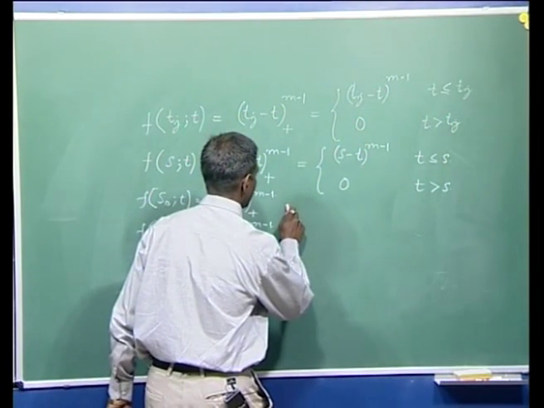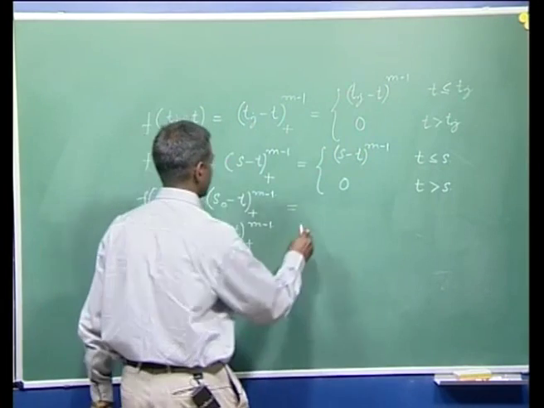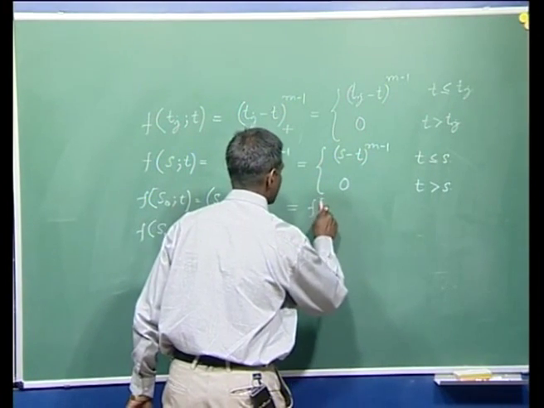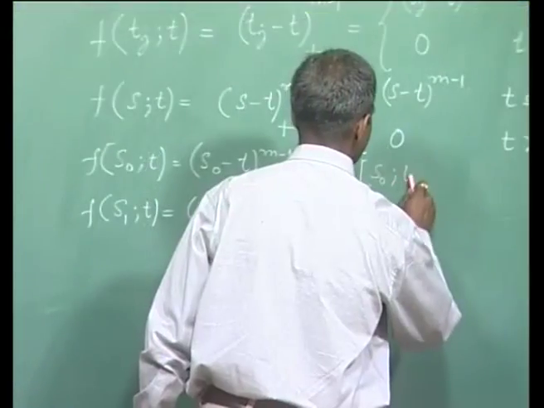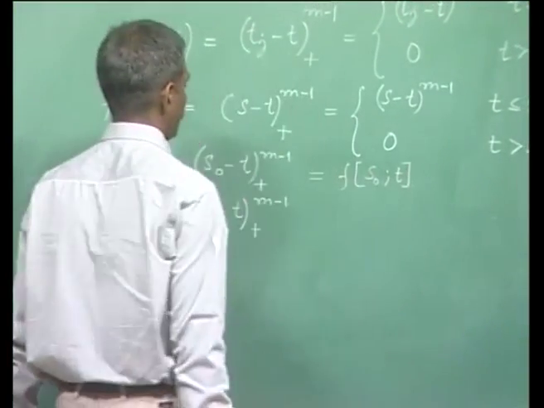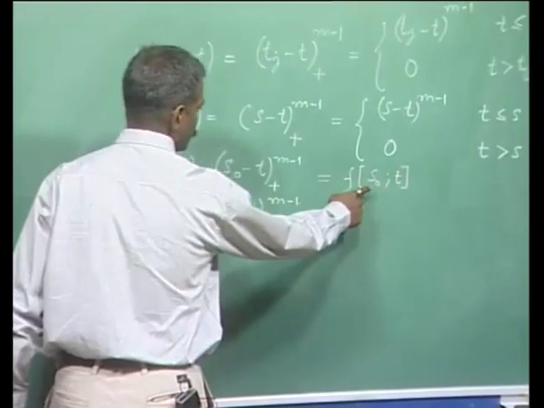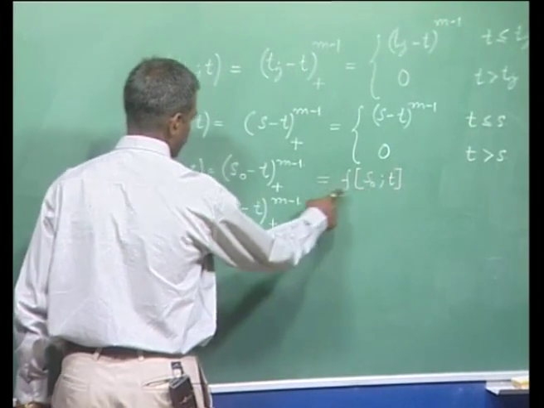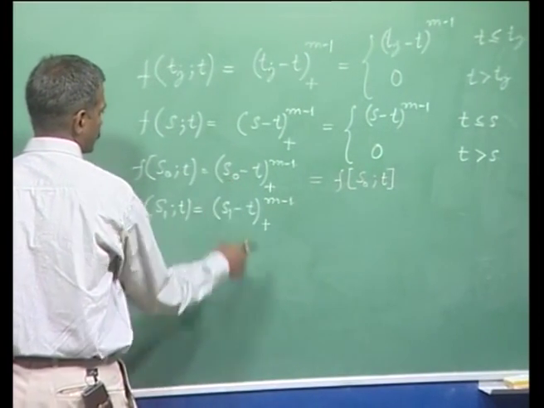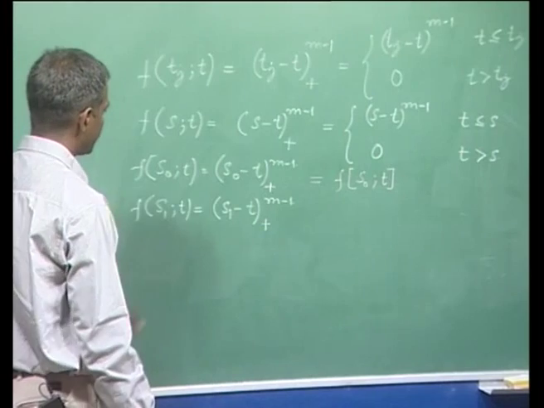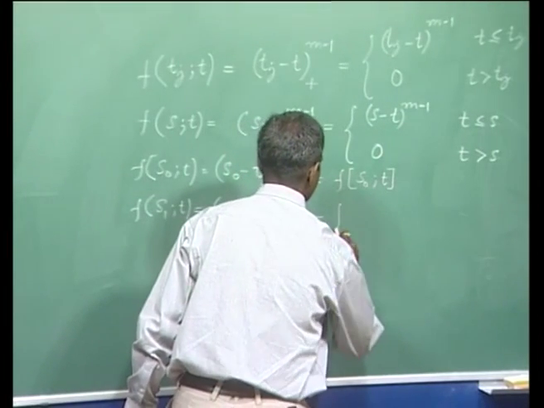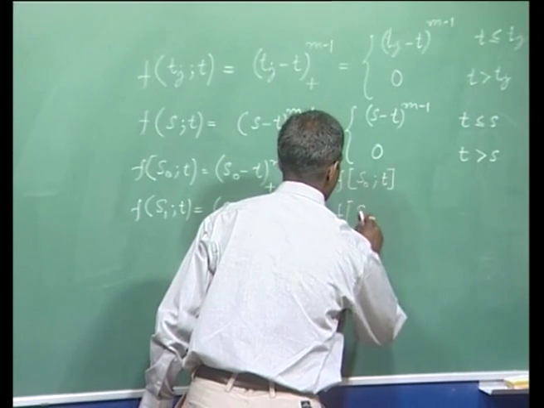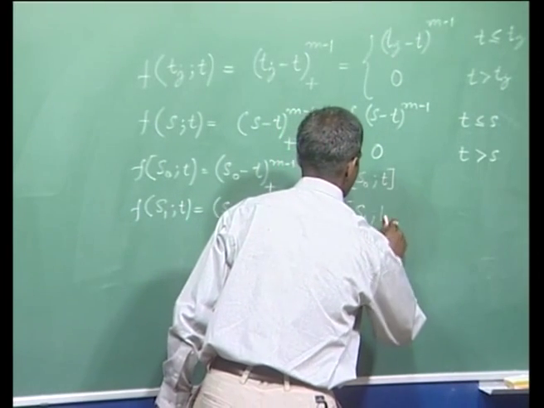Being consistent with the notation, I can write this thing as f[s0 : t], the 0th divided difference with respect to s0. Likewise, this can be written as f[s1 : t].